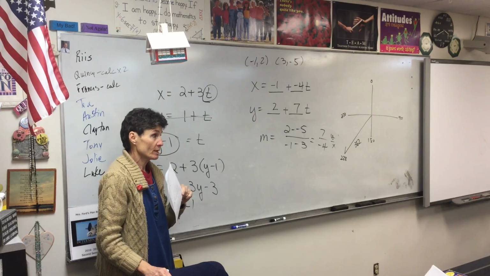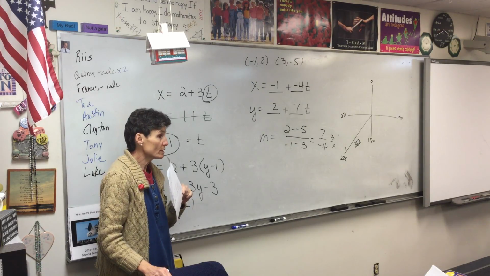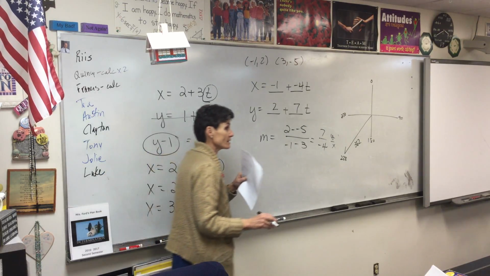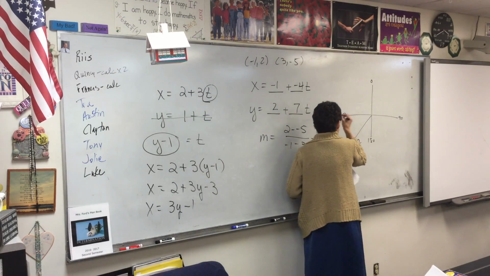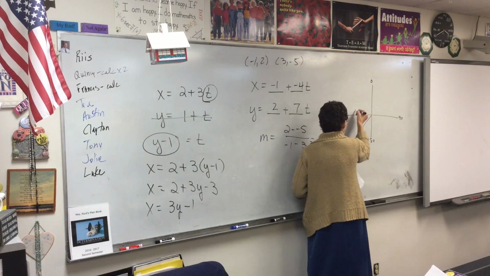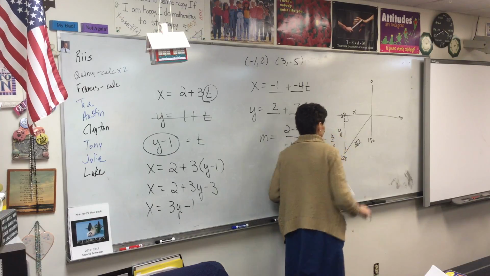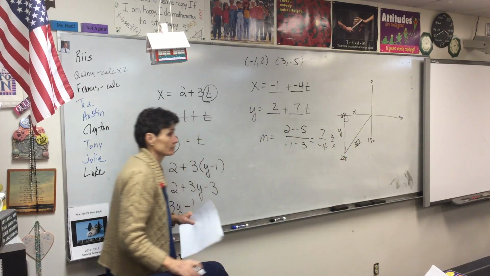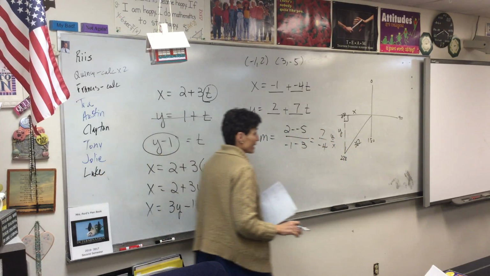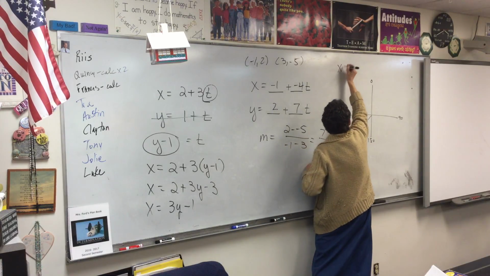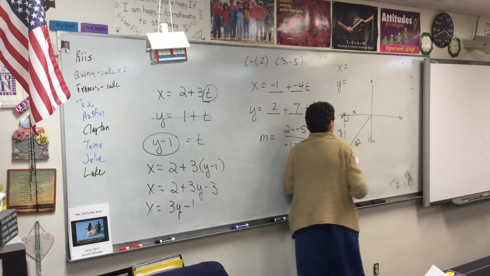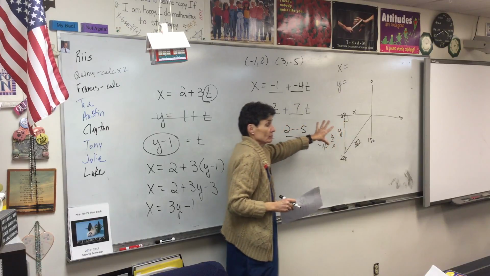But I need the components. What are the components again? The components are just x and y. So I'm going to go ahead and draw my picture. And I have to find the x and the y that go with that picture.